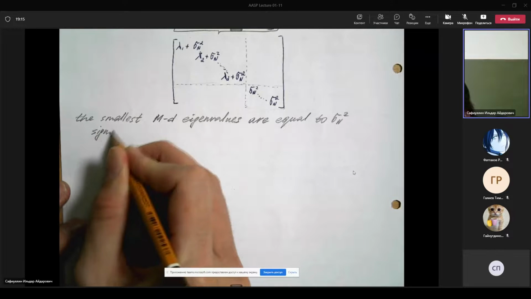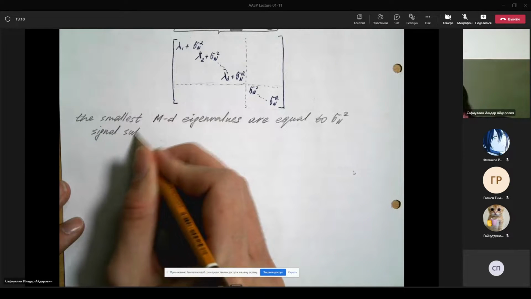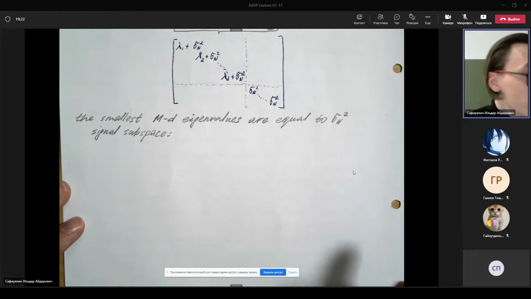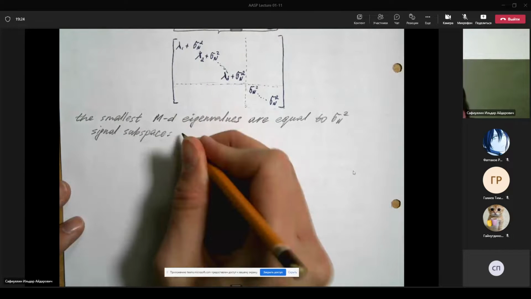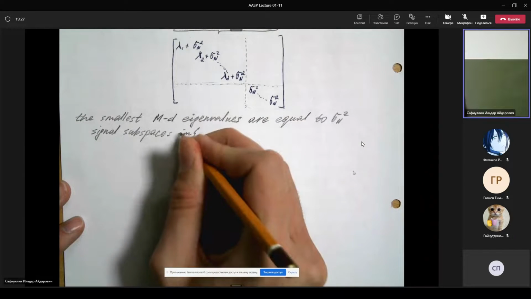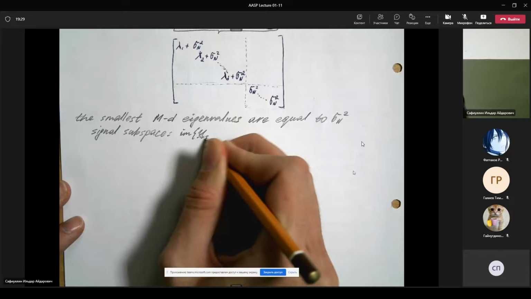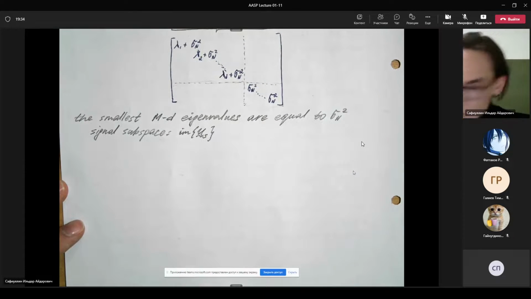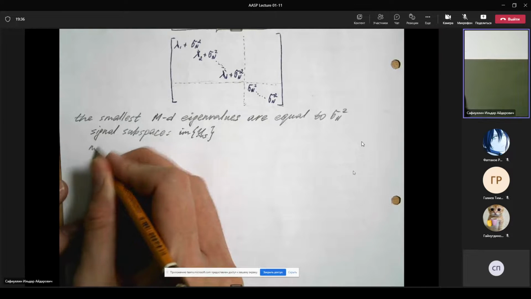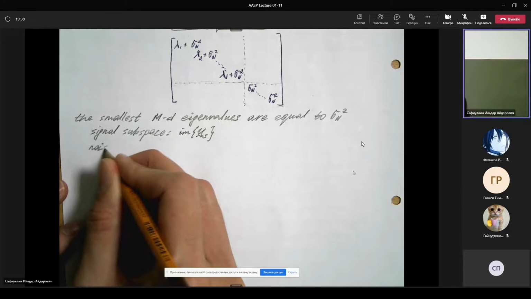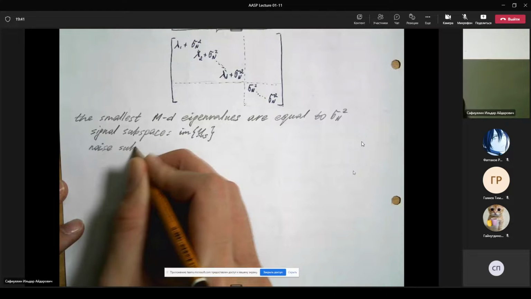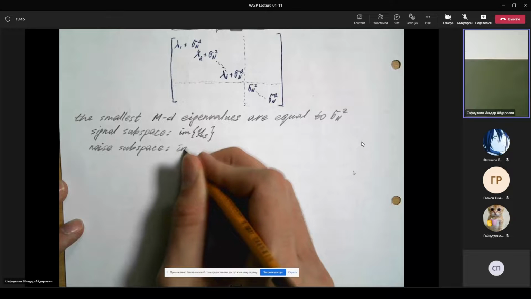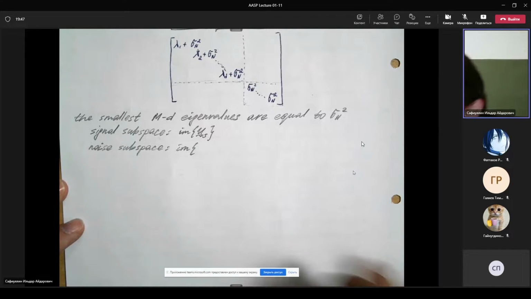So the signal subspace is the image of U subscript S, and the noise subspace is the image of U0.